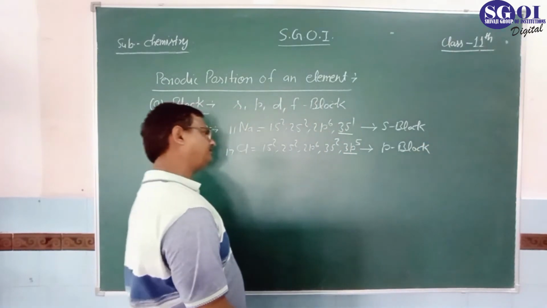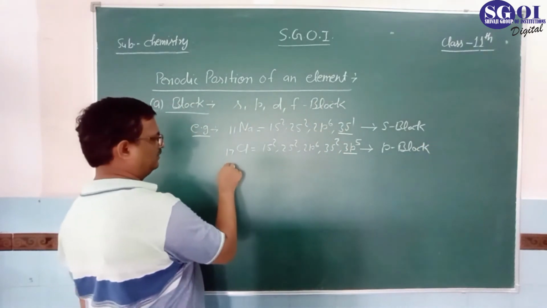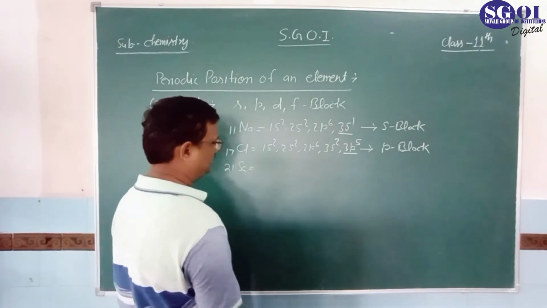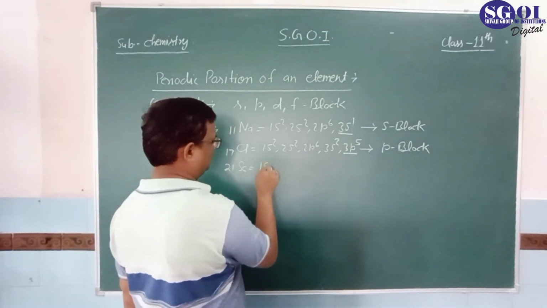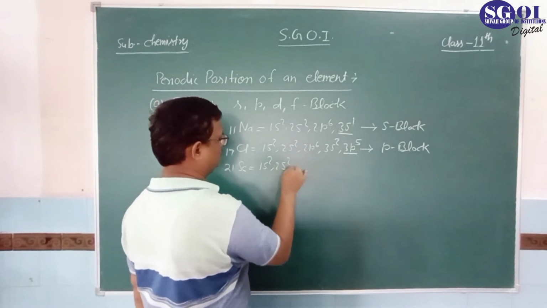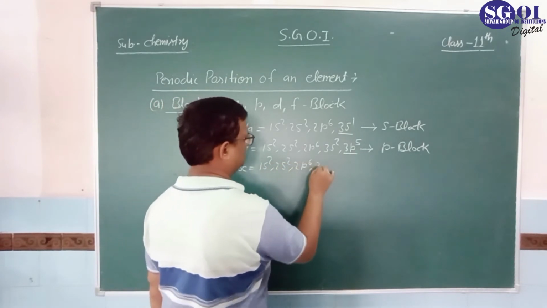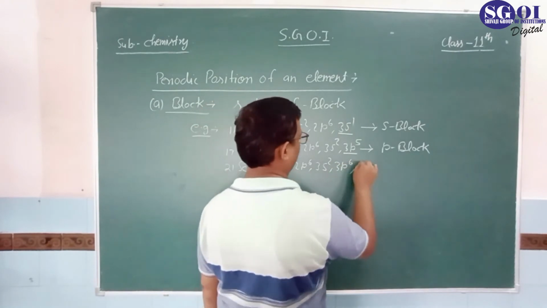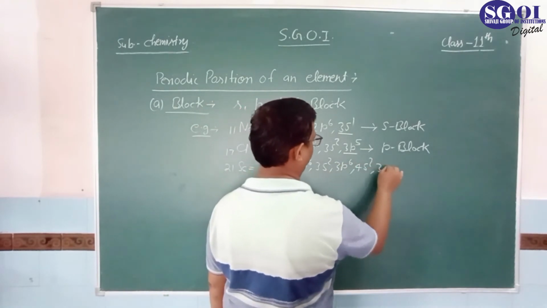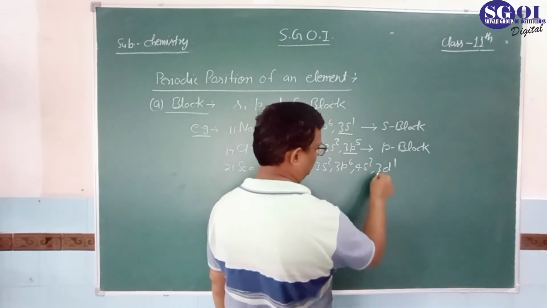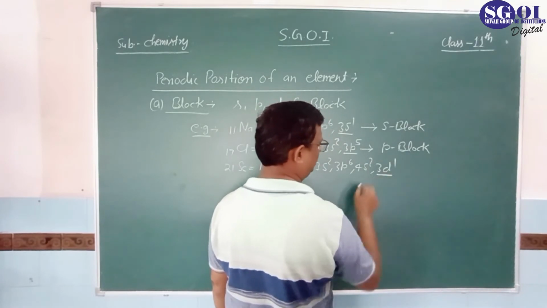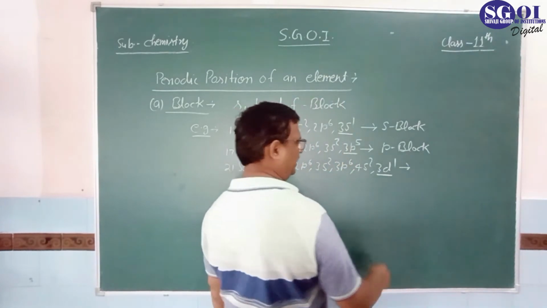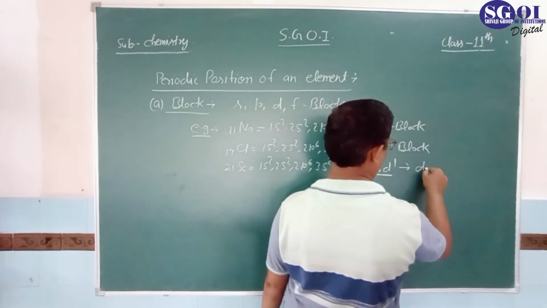Now, one more problem. 21, that is scandium. Its electronic configuration is 1s2, 2s2, 2p6, 3s2, 3p6, 4s2 and 3d1. Now the valence electron entered the D subshell, so the block of the element is the D block.